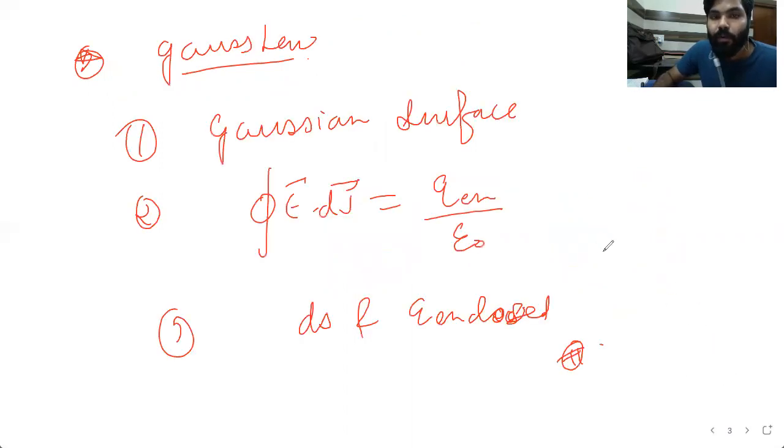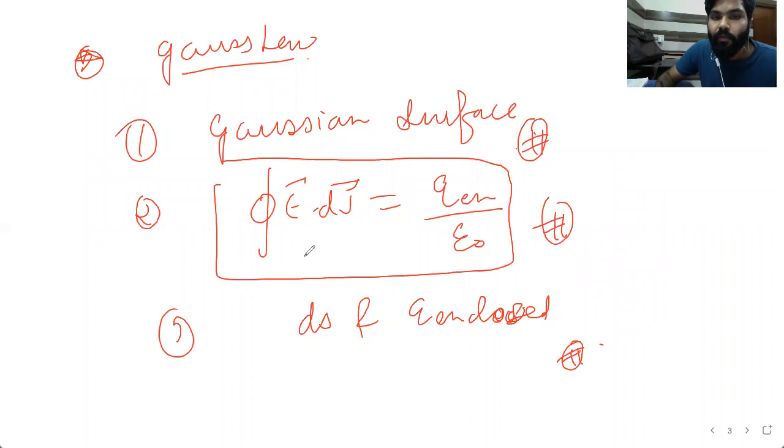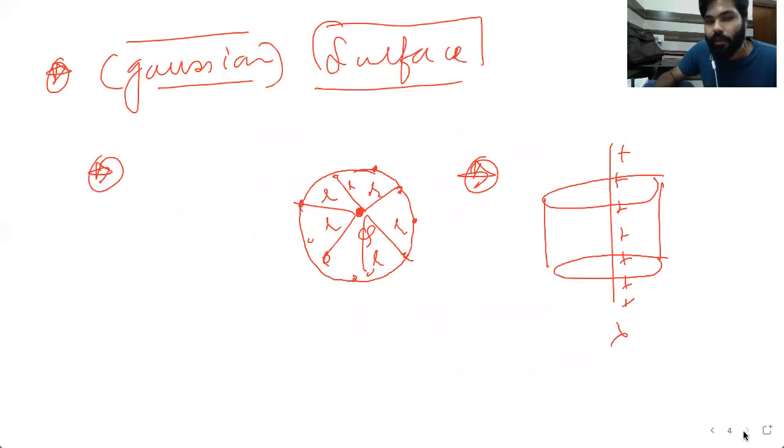The first step of applying Gauss law is finding the Gaussian surface. Second step is applying the simple Gaussian statement, which is flux is equal to Q enclosed over epsilon naught, and third step is finding ds and Q enclosed. Let me show you how to apply Gauss law on a point charge.